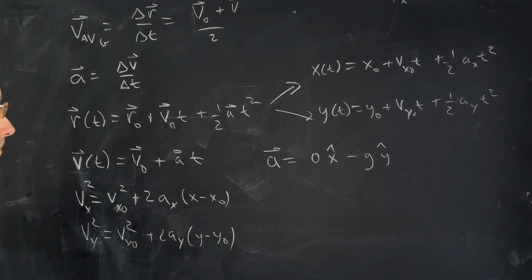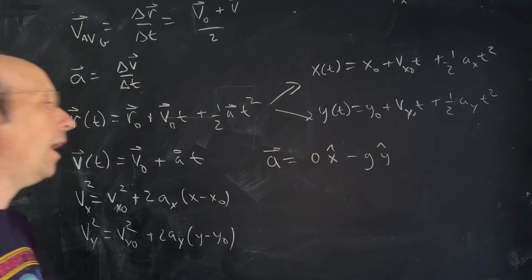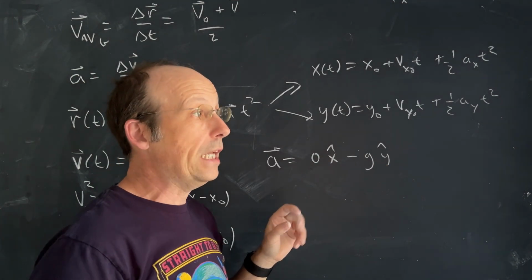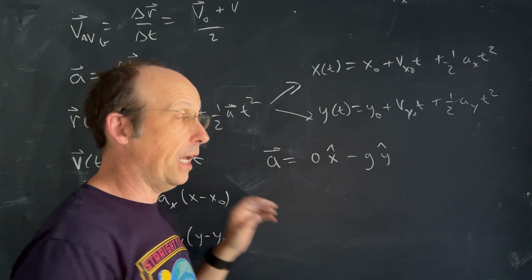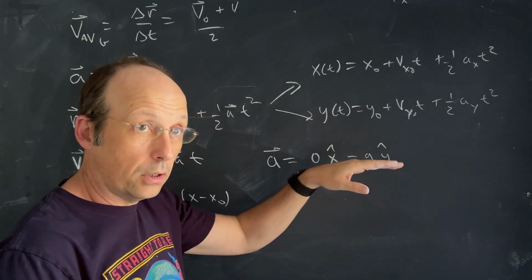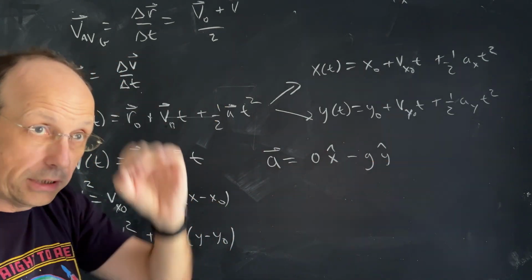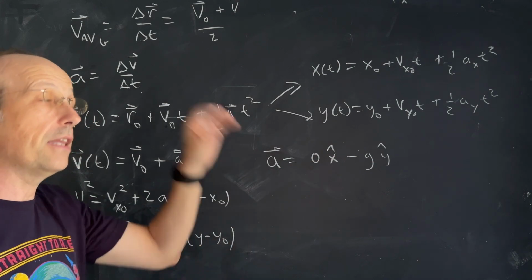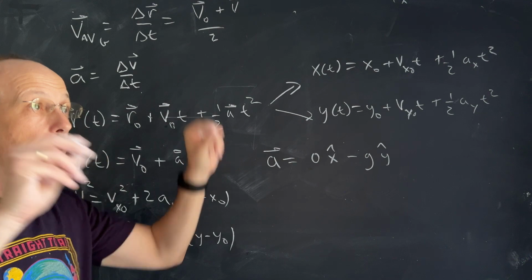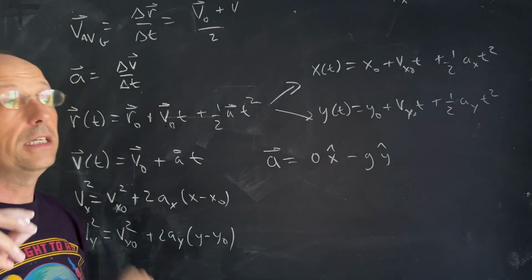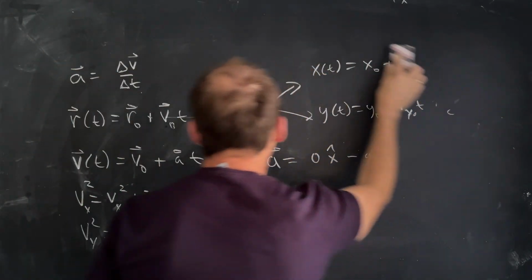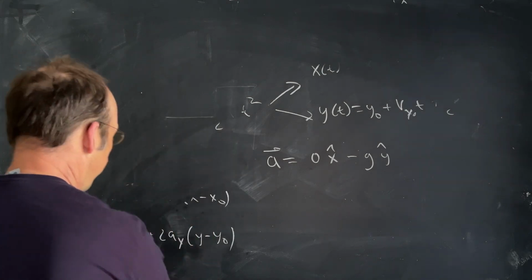Because the accelerations are separated like that, we can treat projectile motion as a horizontal motion with 0 acceleration, and a vertical motion with an acceleration of negative g, and the only thing that they have in common is time. The time it takes to move in the x direction is the time it takes to move in the y direction.